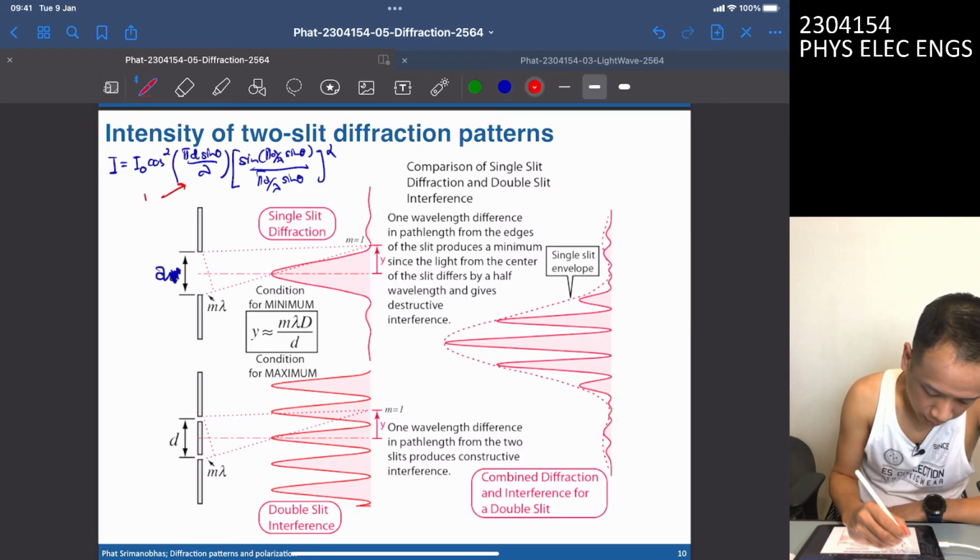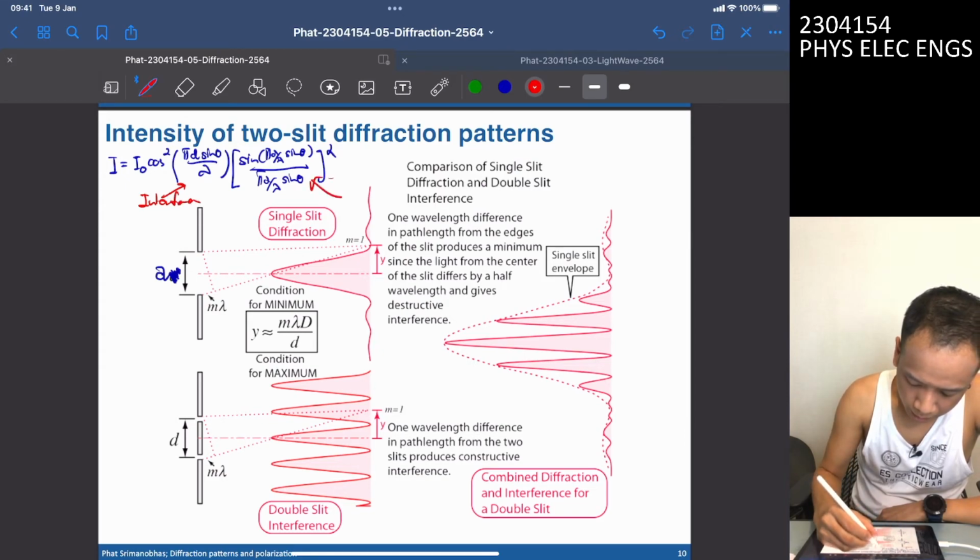The first term is coming from the interference. The second term is coming from the diffraction.